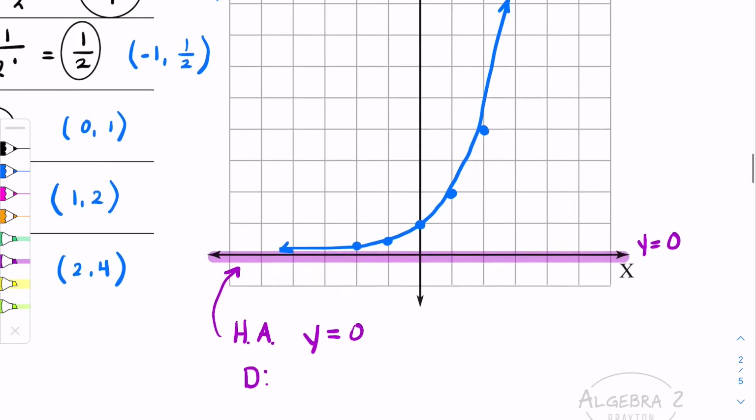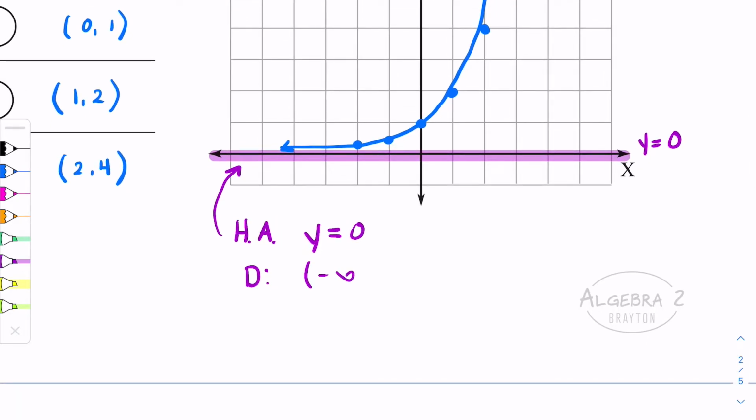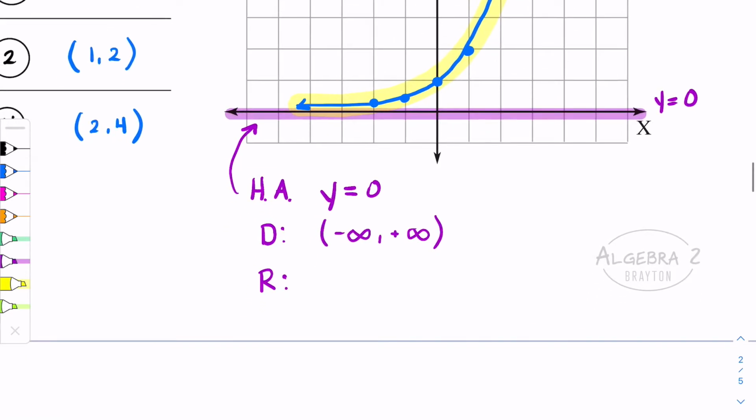The domain of this graph continues both left and right forever, so the domain is negative to positive infinity. And lastly, the range. This graph never touches or crosses the purple line. I know my highlighter looks like it does, but it never actually touches or crosses that purple line.